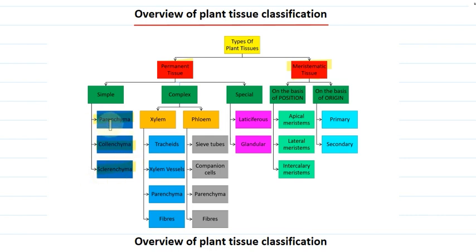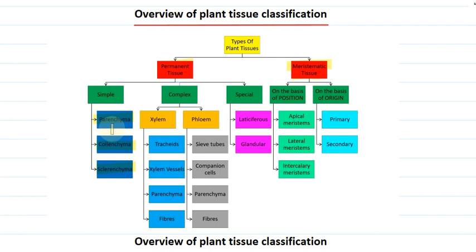Now what is parenchyma? Parenchyma tissues are composed of large thin walled cells that are generally spherical or oval in shape, and these tissues have intercellular spaces present, that is in between the cells there are spaces present.